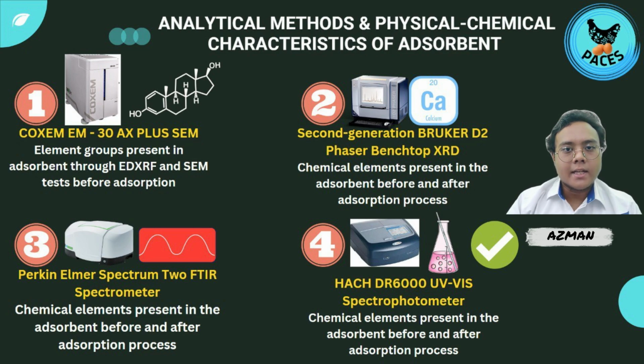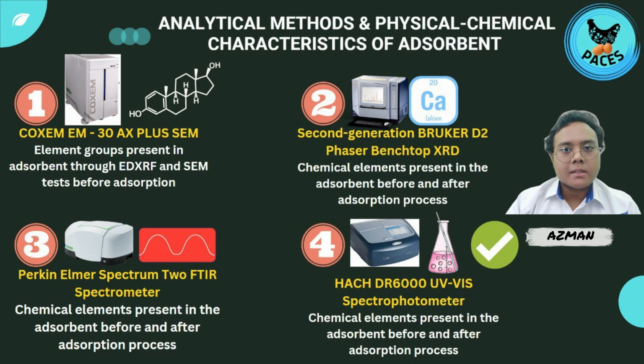The EM30AX Plus SEM was used to analyze the group elements present in the adsorbent through EDXRF and SEM tests before the adsorption process. The second generation Bruker D2 Phaser benchtop XRD was used to analyze chemical elements present in the adsorbent before and after the adsorption process.